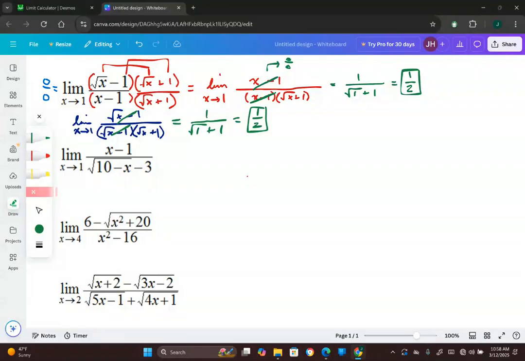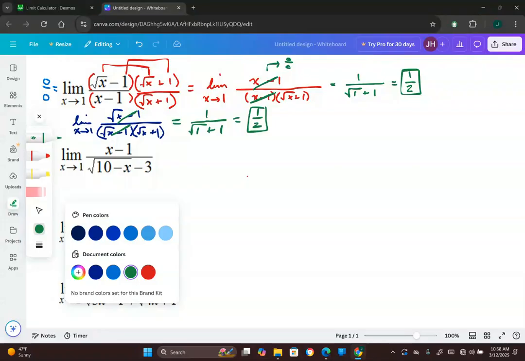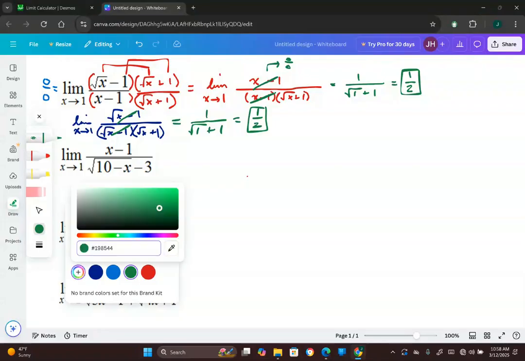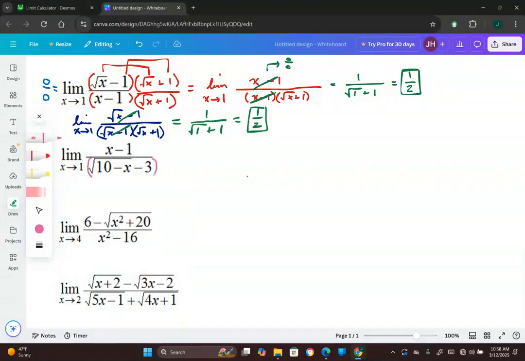So what am I going to do to work this problem out? I am essentially going to take the radical expression, and I'm going to multiply this right here by its conjugate. I have a radical minus 3. So what I'm going to do is I'm going to put a radical plus 3. Don't change the radical.